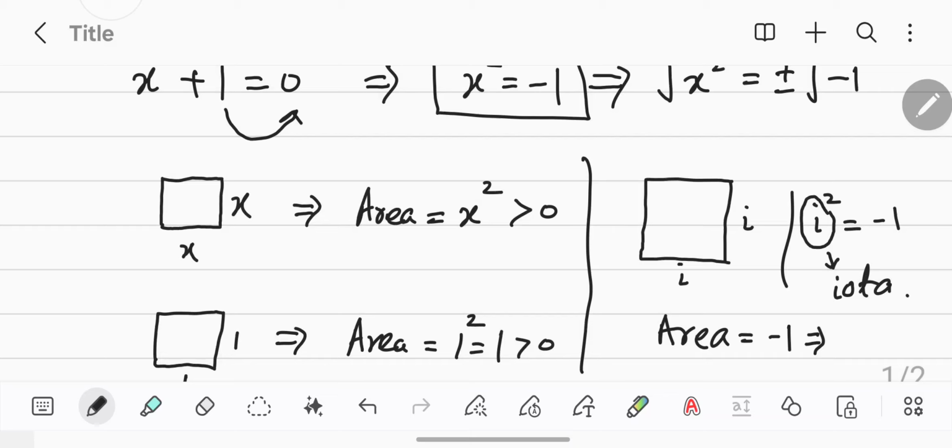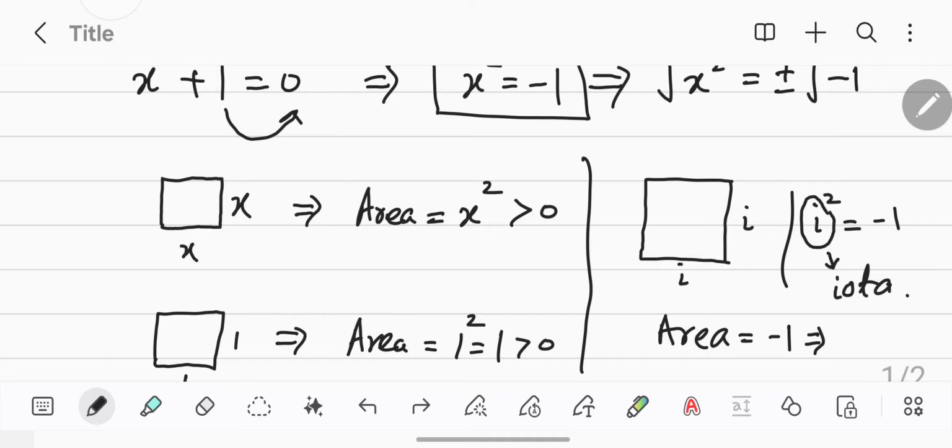Okay? So this number is not a real number, because if it was a real number, its square must be greater than 0. But since its square is negative, that means this number iota is no longer a real number.